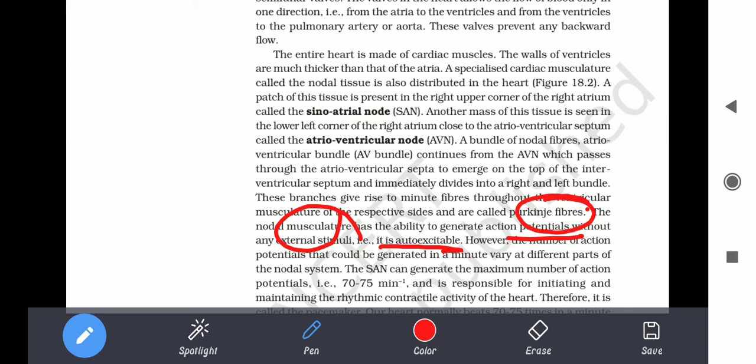And it varies in different parts of the nodal system. The SAN can generate the maximum number of action potentials, about 70 to 75 per minute, and it is responsible for starting and maintaining the rhythmic contractile activity of the heart.